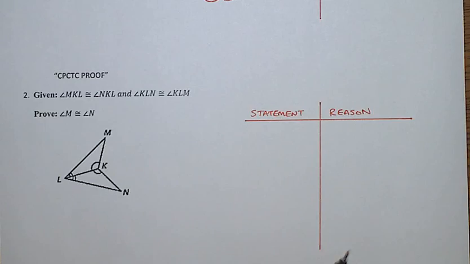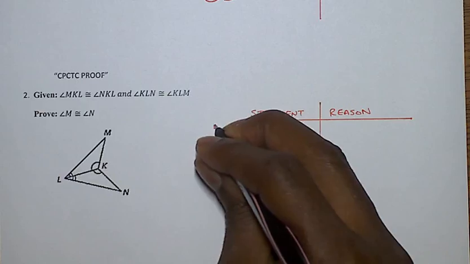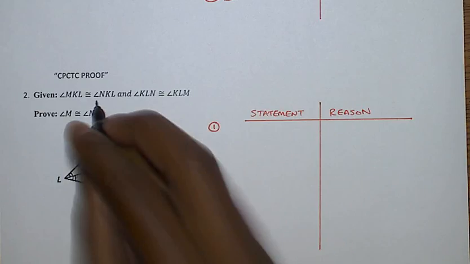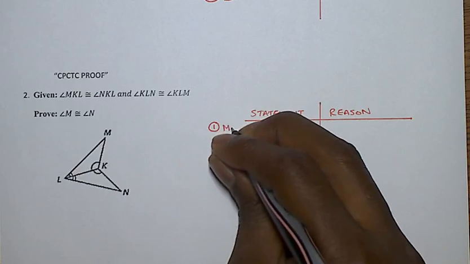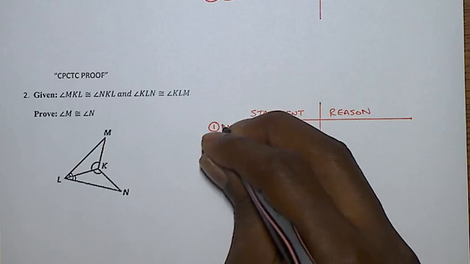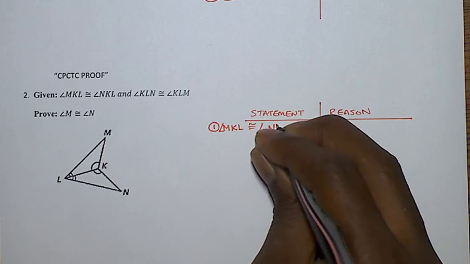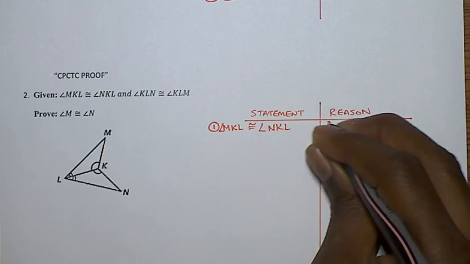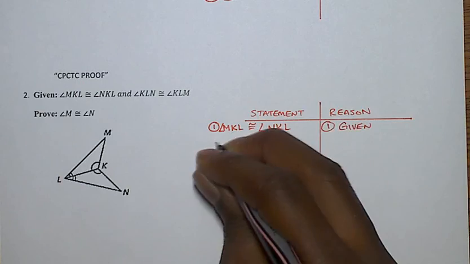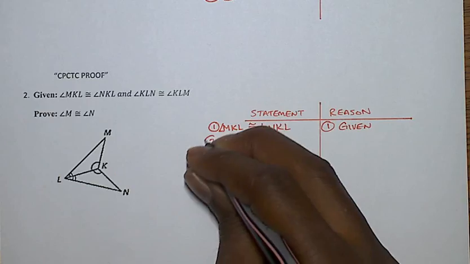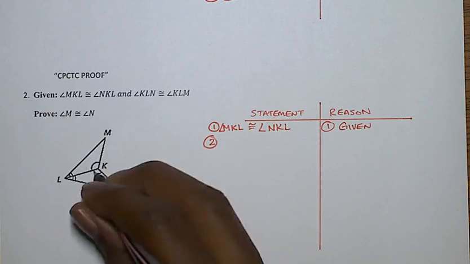All right, so let's look at what our given statements are and where we can move from there. One, they told us that angle MKL is congruent to angle NKL. That was given to us. So MKL, NKL, that's marked for us.